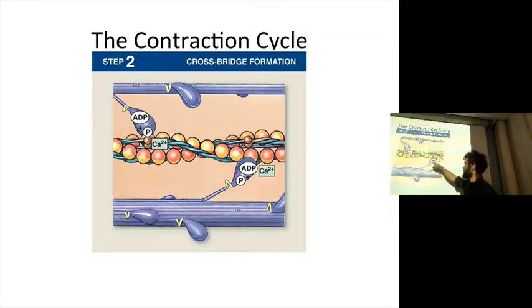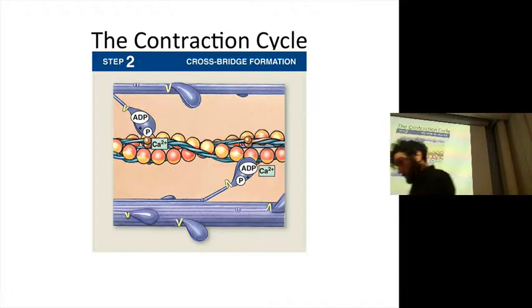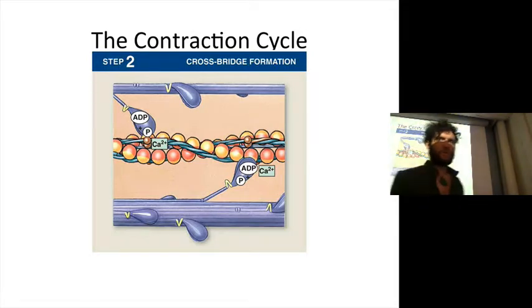First thing that happens is we're going to get cross-bridge formation. Okay? So this myosin head group is now able to desolvate this active site and bind. The myosin head group is able to bind to the active site on the actin. And all of what I'm about to tell you, all of these steps are a sequence of dominoes.